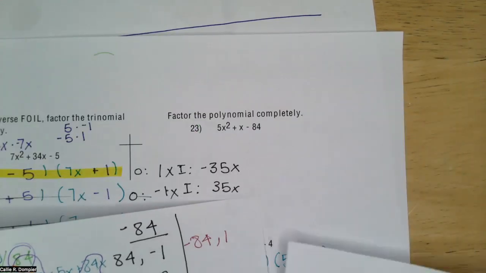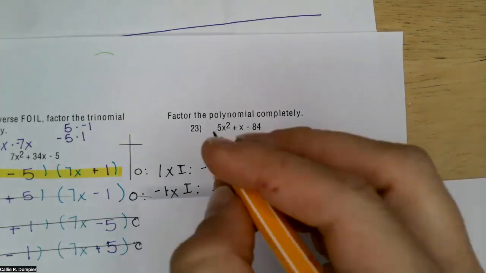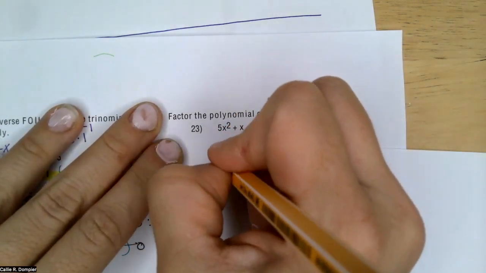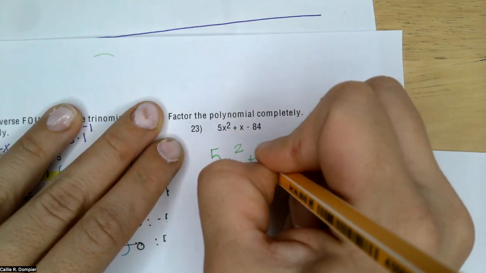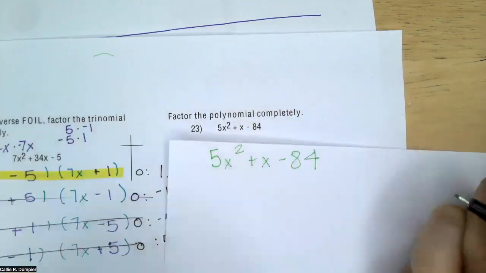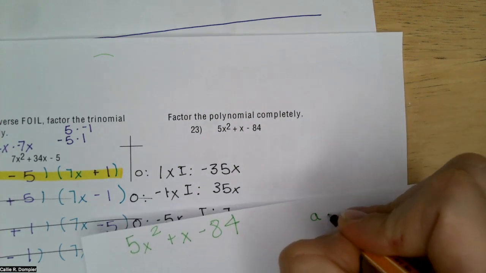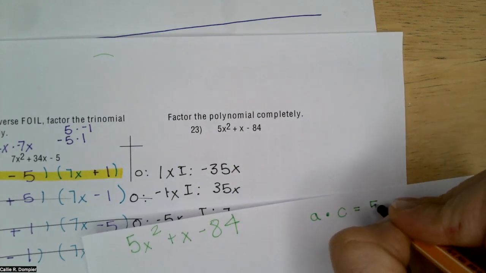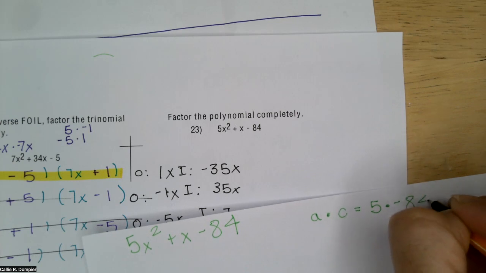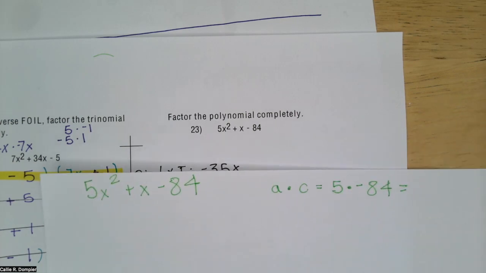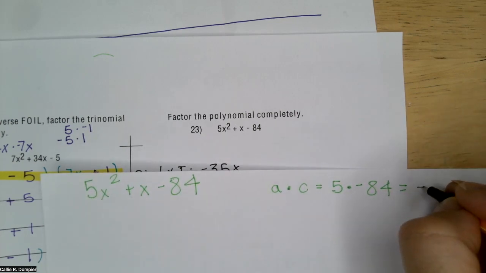So let's go back and do 5x squared plus x minus 84 with the AC method and see if you like it better. So a times c is going to be 5 times negative 84, which is negative 420.